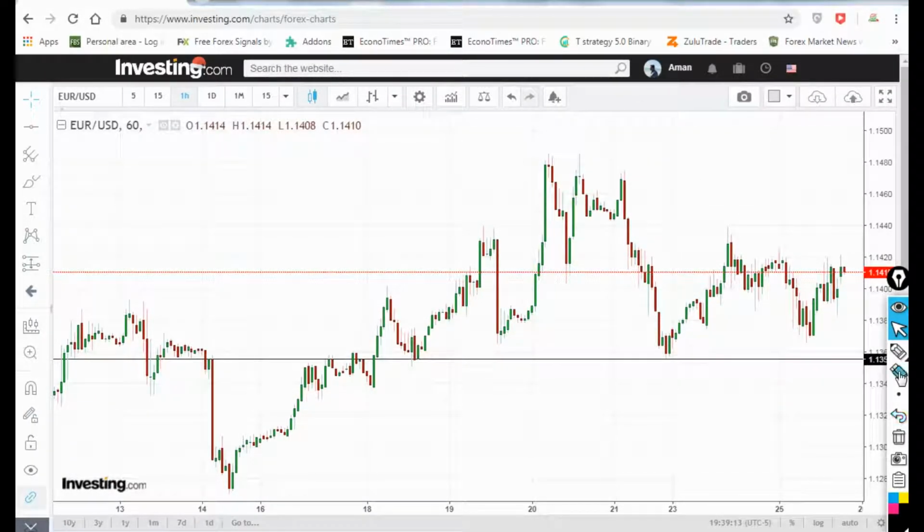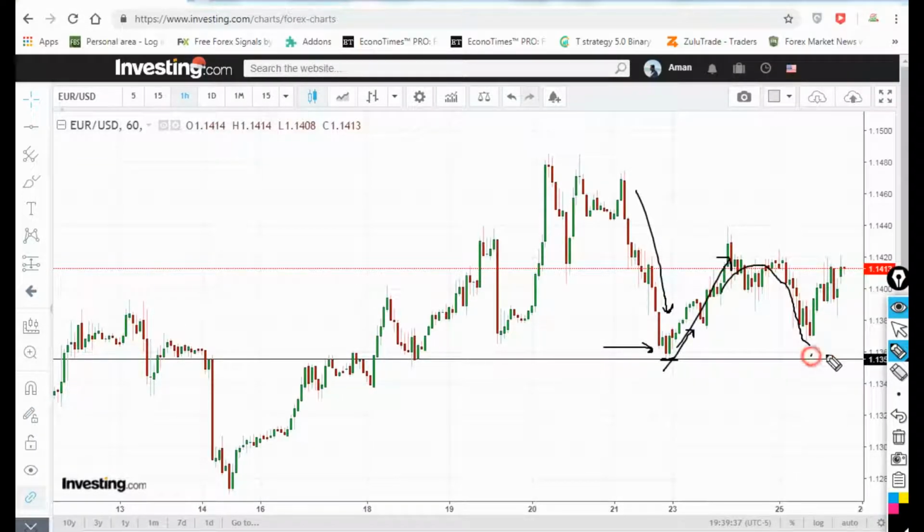So let's see. Yes, you see that the market behaves here and pushes back, the market goes down here, the market retests this zone, retests, and then goes up again, and maybe it goes again and comes back to this zone again.